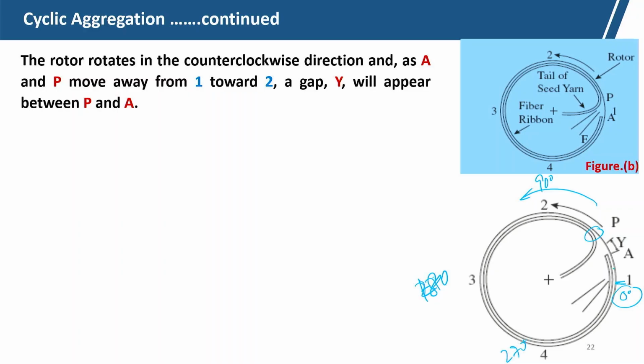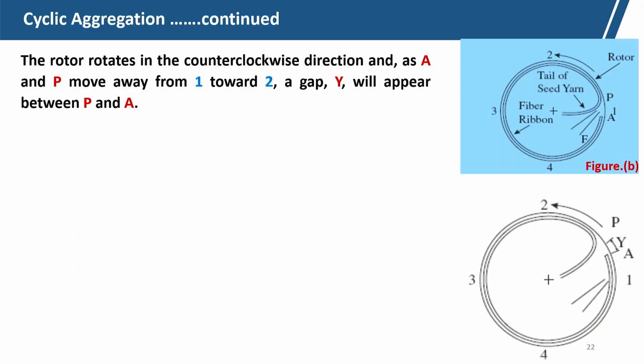So, points P and A are actually moving away from point 1 and move towards point B, and the gap y, this is the gap y, is between the pull-up point and the point of exit.